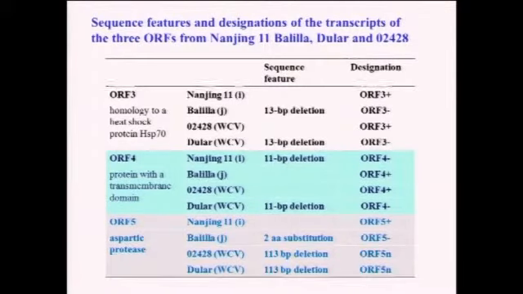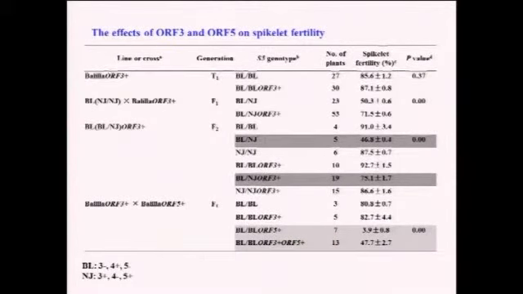The wide compatibility variety as ORF3 plus, and ORF4 the other way around. So the one from Dula gives you the plus sign, and 1911 a minus sign. ORF5 already showed we have 3 alleles. And we did a lot of genetic analysis, which is a little bit difficult to explain.